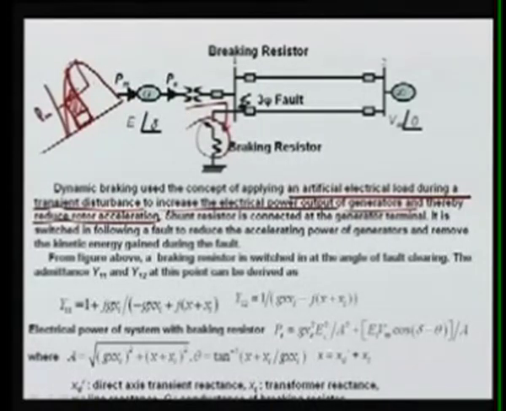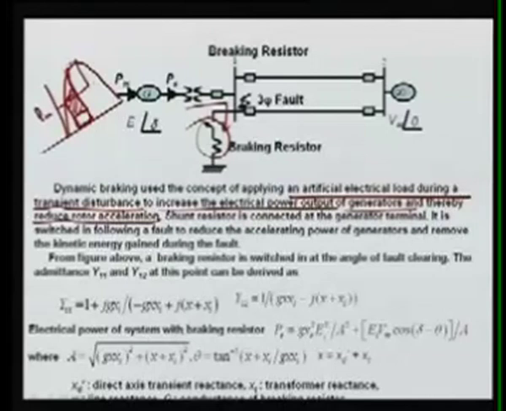So this braking resistor is basically dynamically added to the system, and once the fault is cleared, then we can remove this resistance. The shunt resistor is connected at the generator terminal. It is switched in following a fault to reduce the accelerating power of the generator.